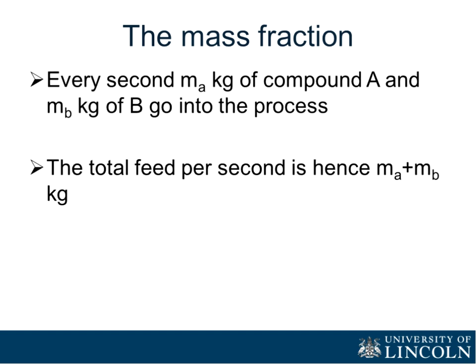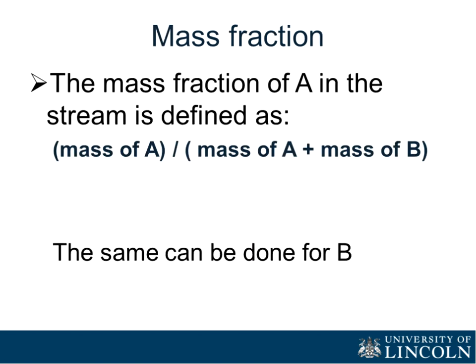Then we could express every second the mass of A of a compound, and the mass of B of a compound, going into the process, and the total feed per second. Now, if MA and MB are going to the process, that tells us that the total feed per second is going to be the summation of the mass of A and the mass of B going to the system.